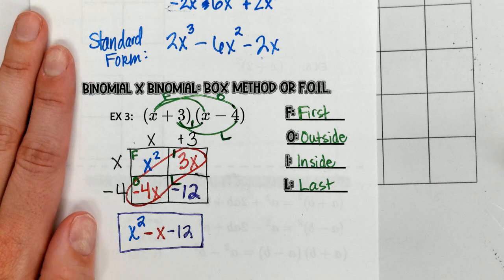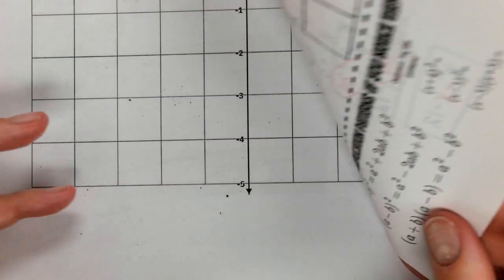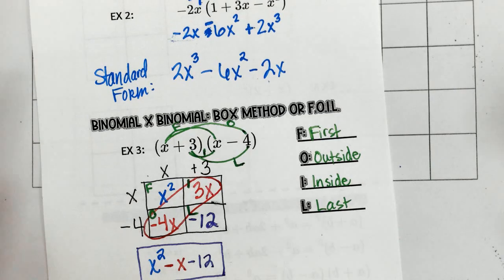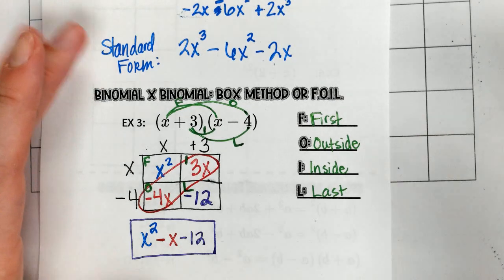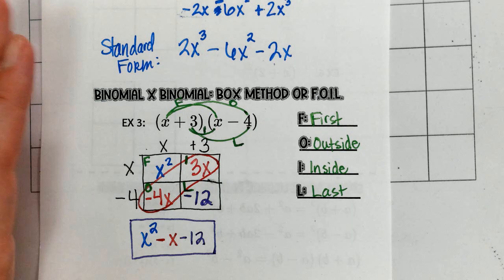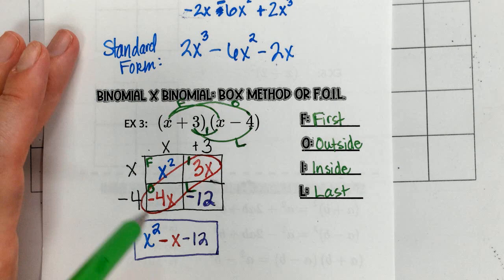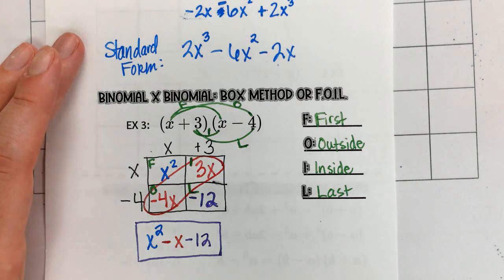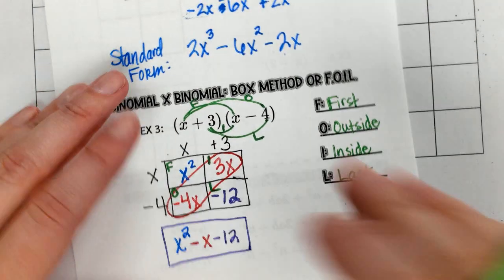Okay? So you're going to notice on the notes, I've got the box drawn for you, but if we can move away and do FOIL, that's great too. Because if Algebra 2 is not the end for you, then drawing a box is going to be kind of annoying because this will be one small step in a much bigger problem. Okay?